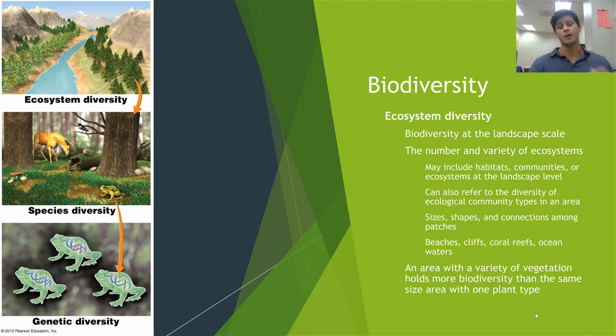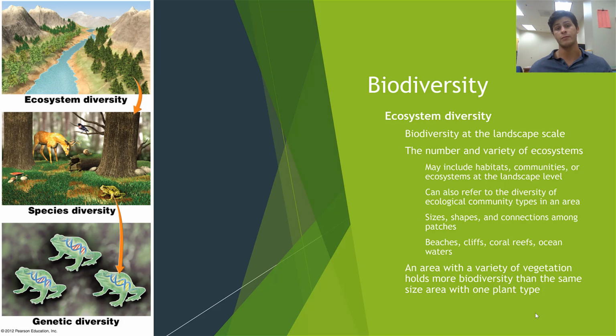Now, in addition to this, ecosystem diversity can also look at the variation in ecological community types within a given landscape. I want you to note that that's a little more specific than just a diversity of different communities. For example, if you're walking along the shore of a beach, you might see different types of communities of animals that live in different parts of the beach.